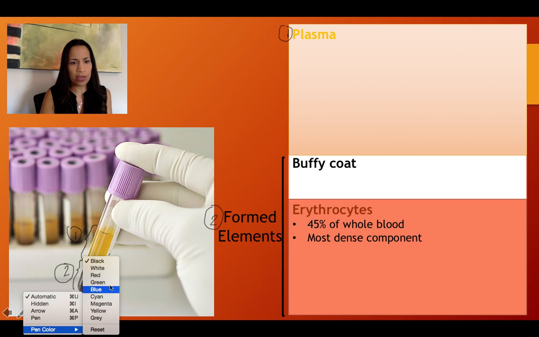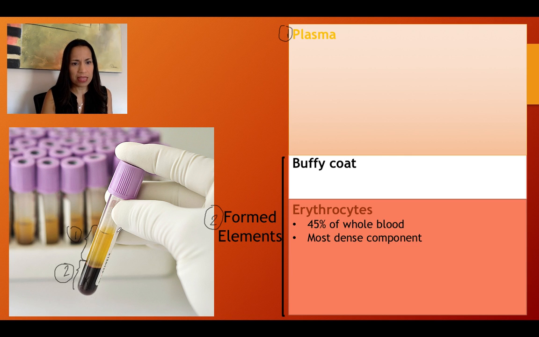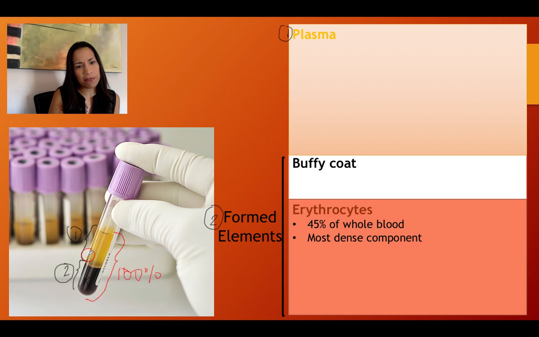Now, we can agree that all of this is your volume of blood, and that's zero, that's your 100%. So we can say that maybe half, the 50%, is about here. So see that only about 45% consists of the formed elements, and the remaining 55% consists of plasma.